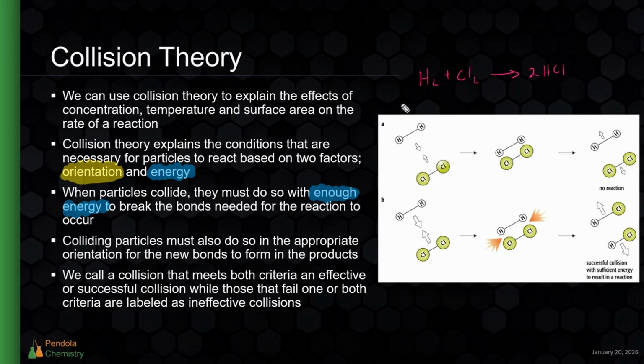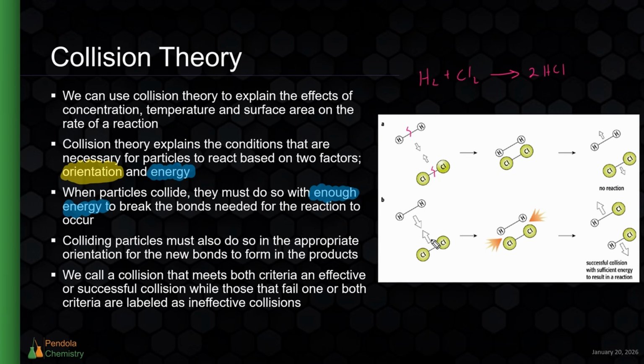So what collision theory says is that if hydrogen crashes into chlorine, but they don't have enough energy to break the bonds between the hydrogen and the chlorine, the particles are simply going to just bounce off each other. They're not going to react with each other. Because when they collide, they need to have enough energy to break those bonds.